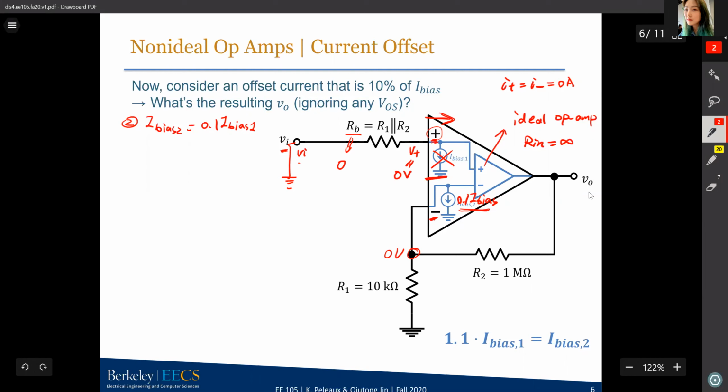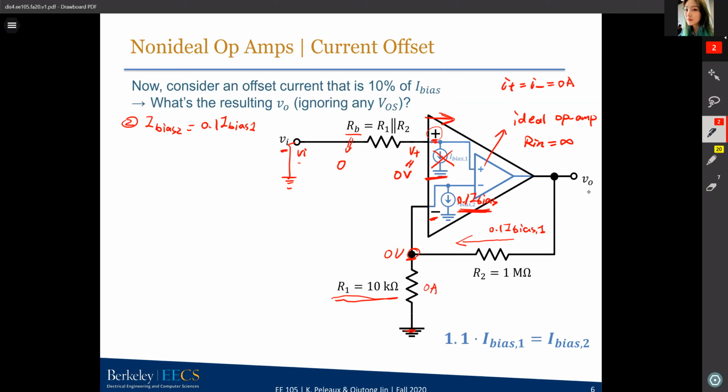It's still 0 volts. It's grounded. So for the R1 resistor, you have 0 volts on both nodes. There will be no voltage drop across R1. So R1 will have no current. So the current is 0 amps. All of the 0.1 I bias will just flow through R2. So the current through R2 will just be 0.1 I bias 1.